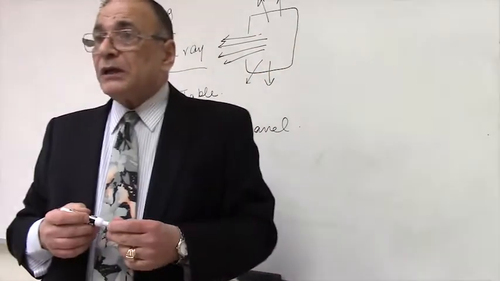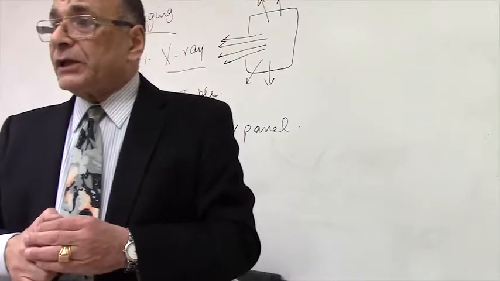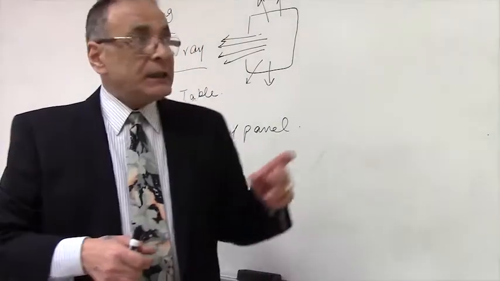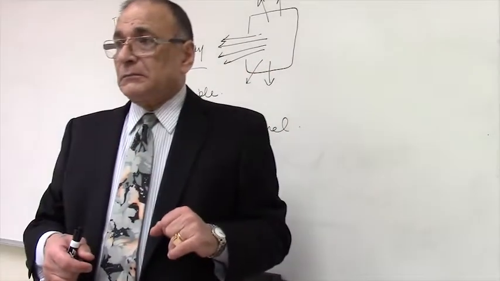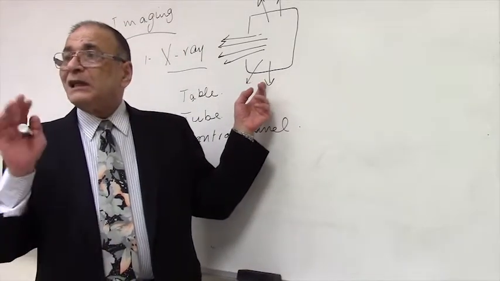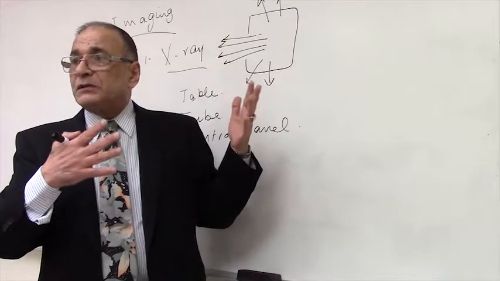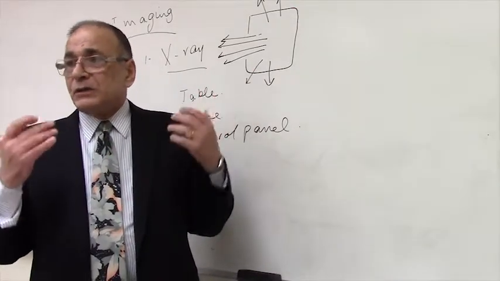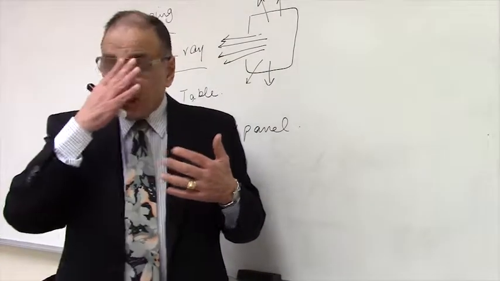It's a strong, short wave, and has power of penetration. Is there any chance to get through here? The answer is yes. But we don't need that because this is harmful. We need to control it. This is dangerous X-ray. Could be dangerous, could be useful. When you use it in the right way, it's useful. Wrong way, it harms yourself. Very good.